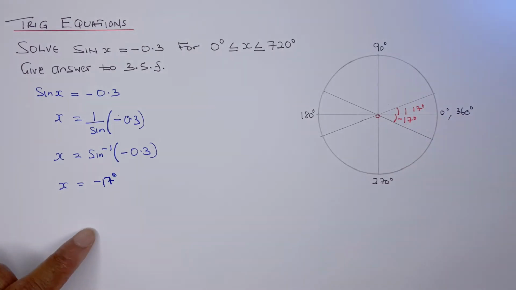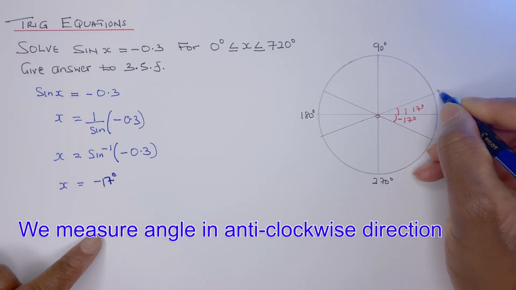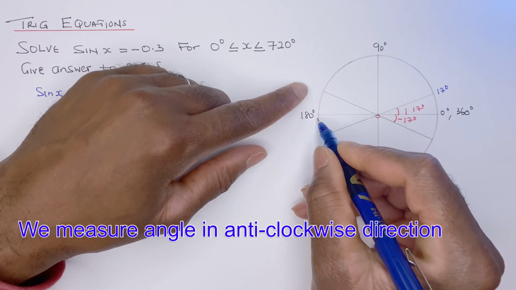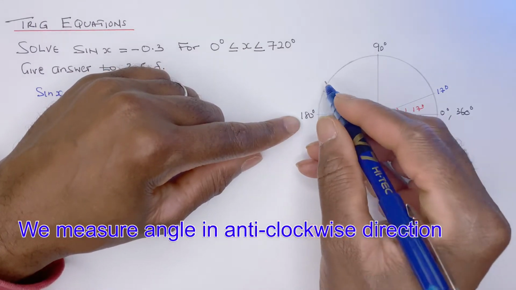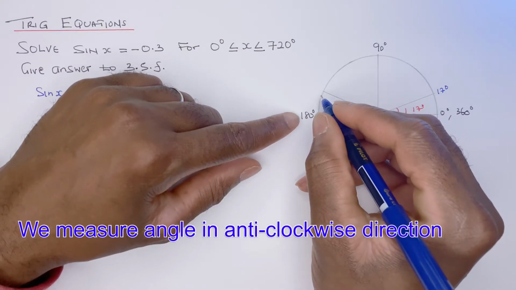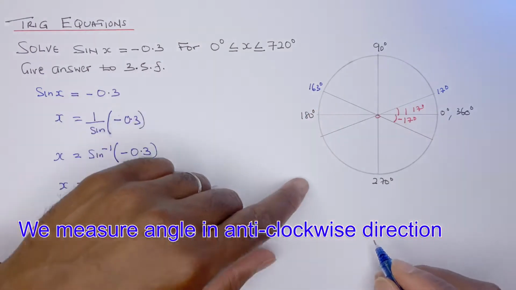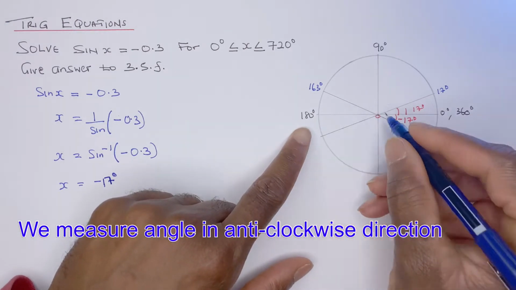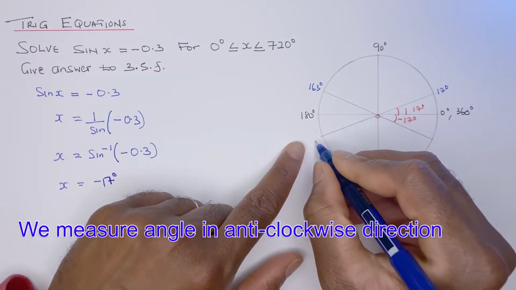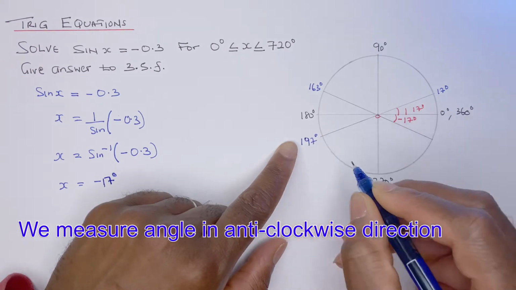But what happened is we don't count our angles like that, so that would be 17 degrees here. And here will be 180 minus 17, because that's 180 degrees. If you take 17 from 180, you'll get 163 degrees. If you add 180 here, and here will be 17 degrees as well. So add 17 to 180, you'll get 197 degrees.